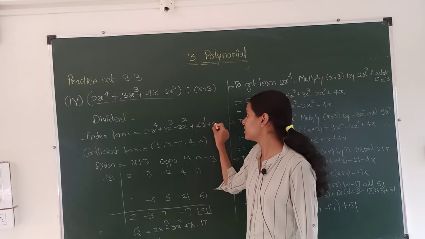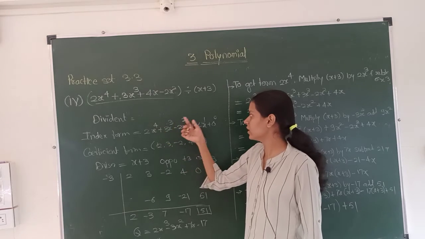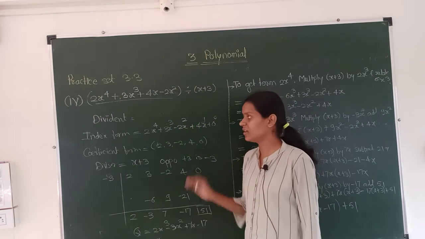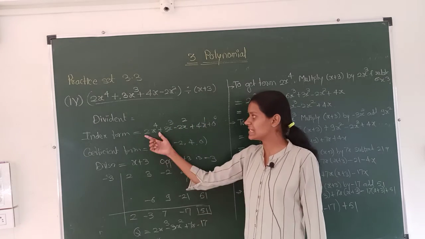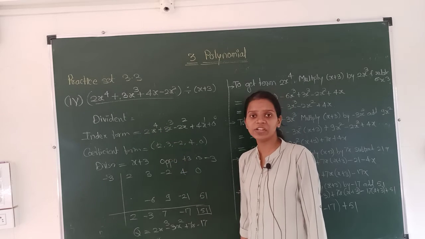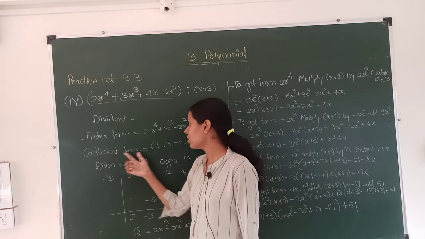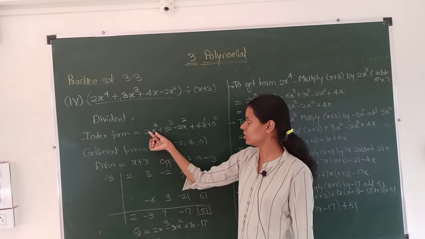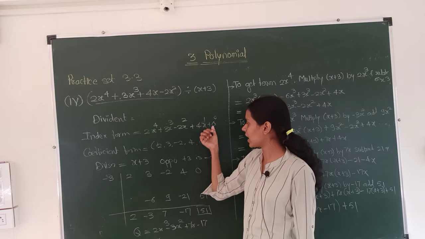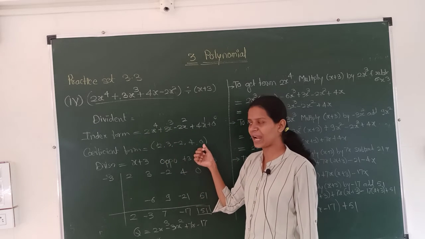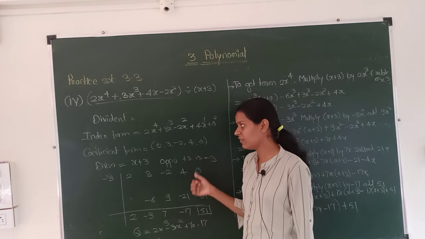Here 4x power is 1 and 0 power is 0. So 4, 3, 2, 1 and 0. This is the descending order of powers. This is the index form of this dividend polynomial. Now the coefficient form: you can write the coefficients 2, 3, minus 2, 4 and 0. This is the coefficient form of the dividend.